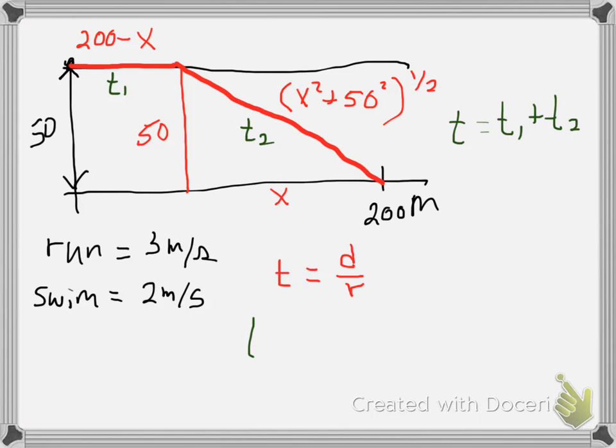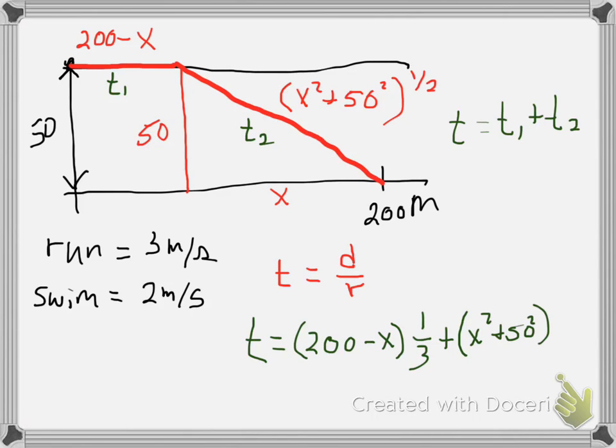So to set up a time equation, t equals the distance he runs divided by how fast he runs, his rate, so I'm going to multiply that by 1 over 3. That's the same as dividing by 3. And to that I'm going to add the distance he swims, multiplied by 1 over 2, or divide by 2, the rate at which he swims. Okay, so there we have an equation for time.